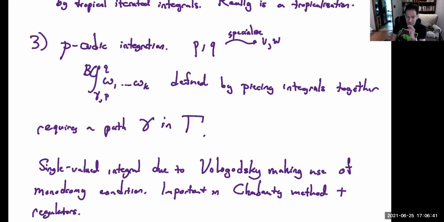Oh, it's just issues with weight monodromy, like p-adic weight monodromy in dimensions 3 and above. But I guess now the situation's a lot better.